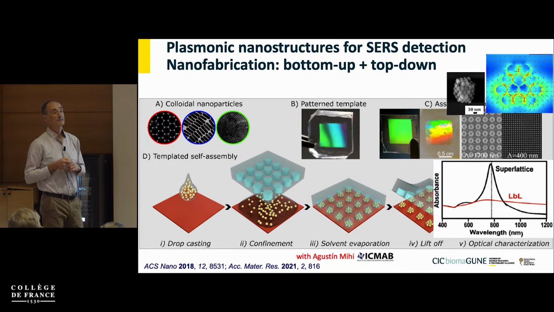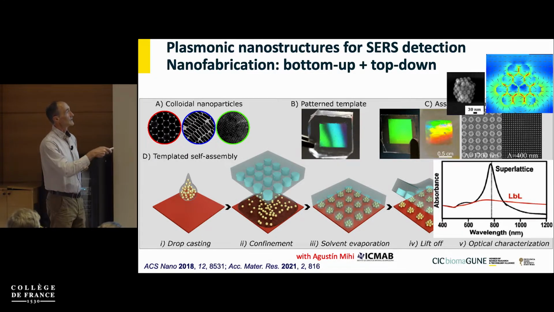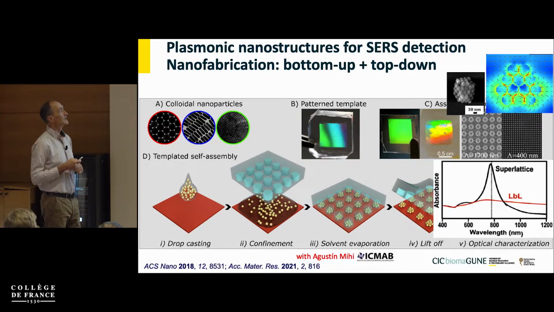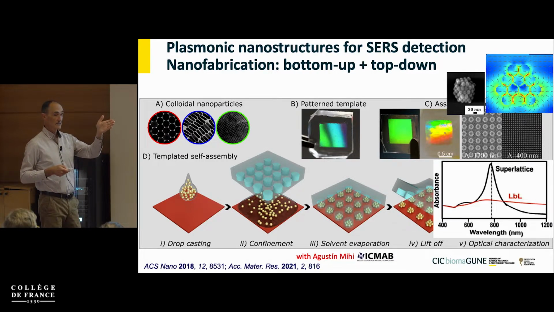So this is effectively a 2D photonic crystal, where you see these bright colors are typical for opals and related systems, meaning that there is light diffraction. And in fact, if you tilt the sample, the color will be different because the diffraction condition will be different.